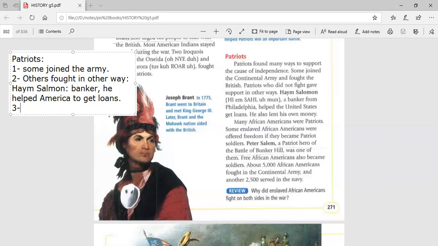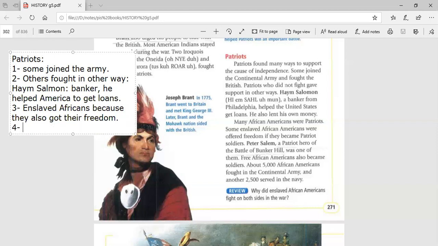Some enslaved Africans, because they also got their freedom. Beside them, number four were the free African Americans. Okay, guys, so those are the people who take the side of the patriots.